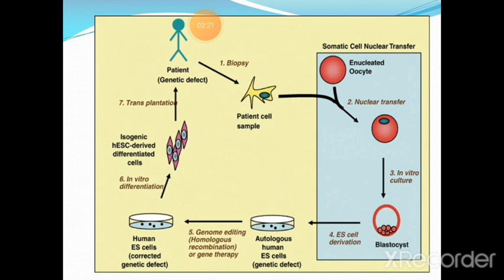Then, in embryonic gene therapy, what is done? Here is a patient with a genetic defect, a biopsy is done and the patient's cell sample is taken, and at the same time you take an enucleated oocyte, that is, an oocyte without the nucleus.